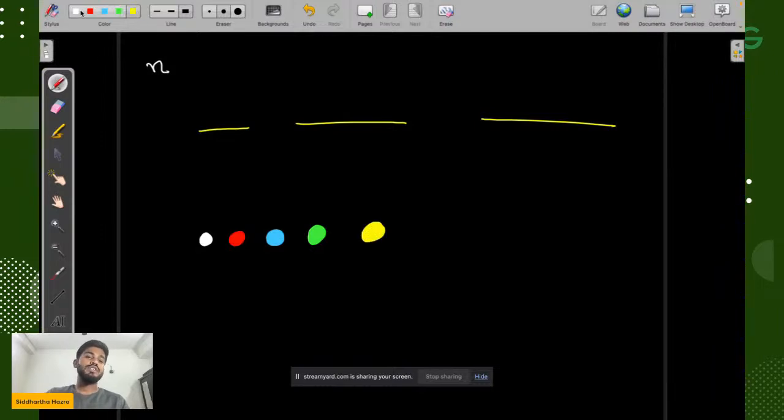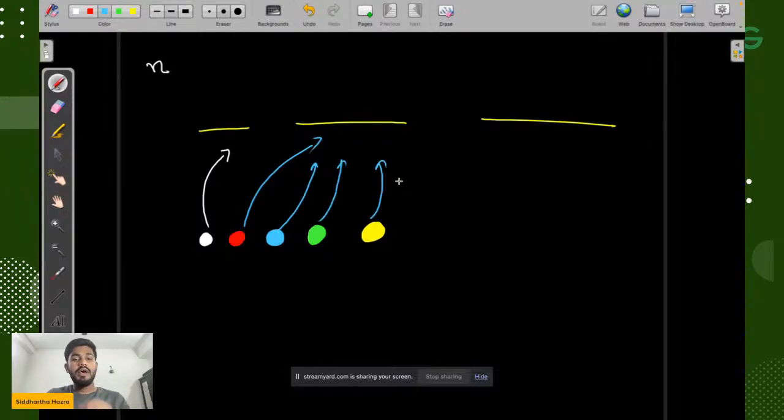Now we need to understand that if we use this color to paint this wall, then the next wall, adjacent, side by side, can be painted with this color, this color, this color, as well as this color. But it can't be painted with the same color as the previous one. So it is just like that.